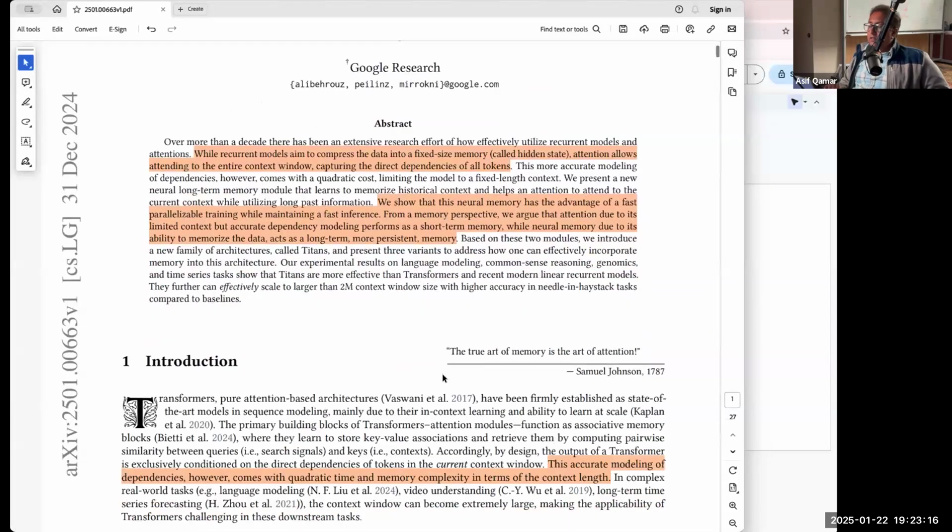Okay, so we are going to go into more detail, but if you look at the last statement here, they further can effectively scale to larger than 2 million context window. I think the whole idea is to say that if you go with the ideas proposed in this paper, we can eventually support more than 2 million context window on the LLM side. So that's a claim of this paper.